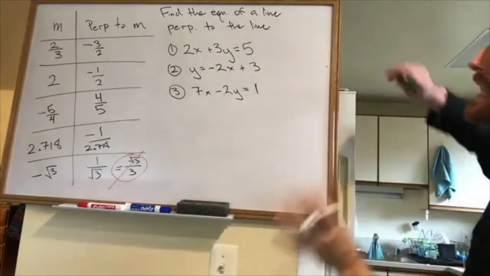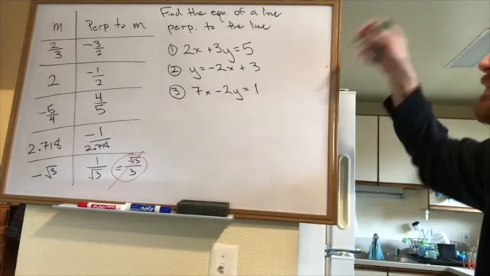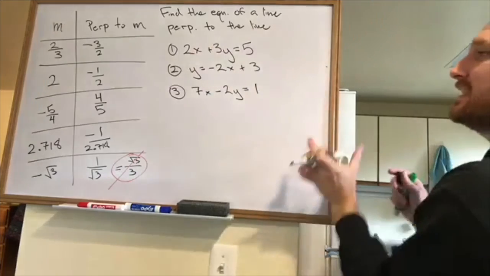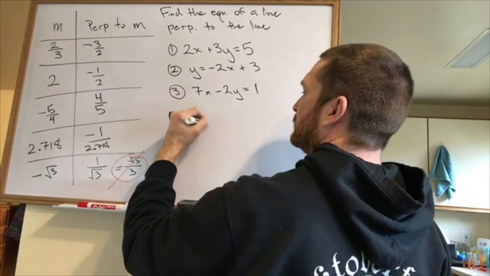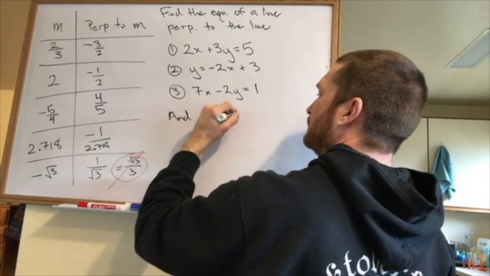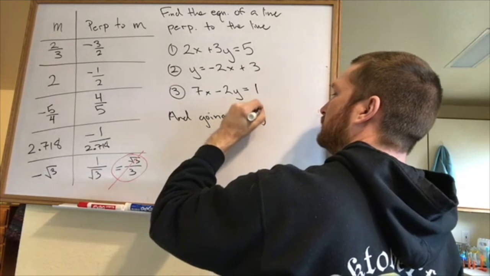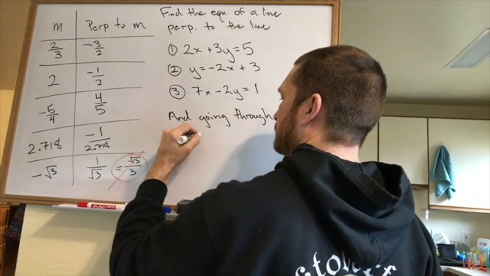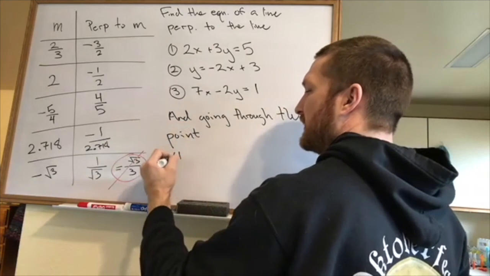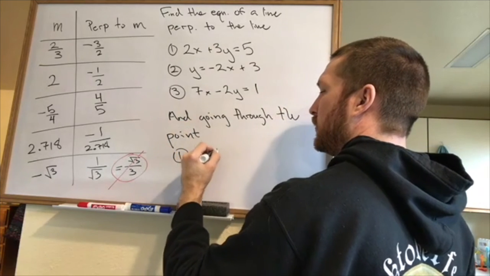So instead of writing this 3 times, just plug this in and go through the point. In the first case, we're going to go through the point 1, 1.